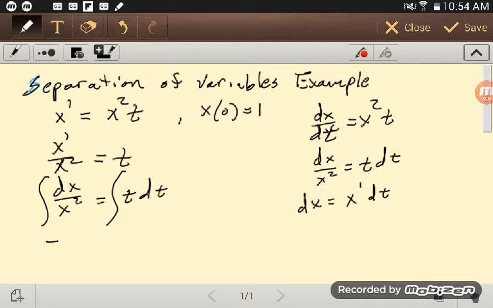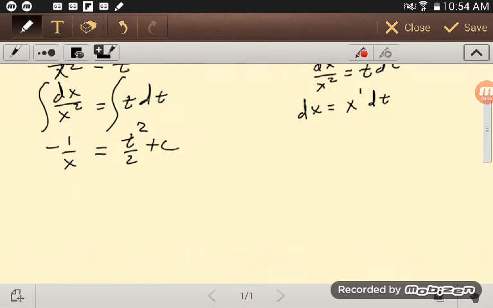So on the left hand side I get minus 1 over x, and on the right hand side I get t squared over 2 plus c. And so now typically I could at this point actually substitute in my initial conditions for x and solve for c, but you don't have to, and often we don't.